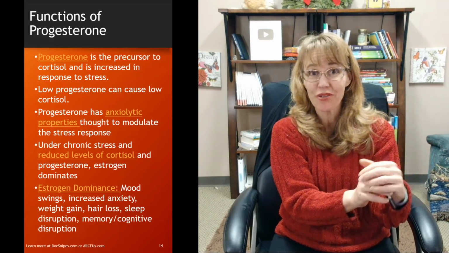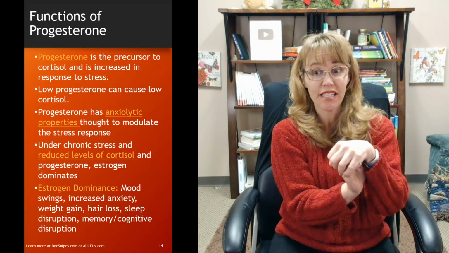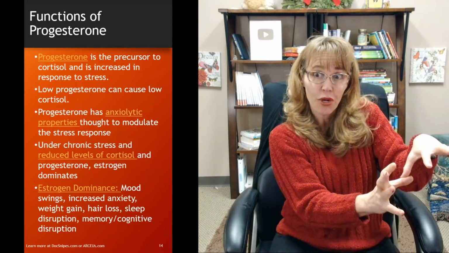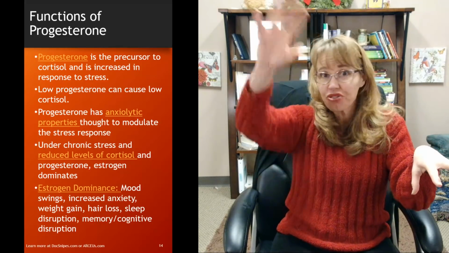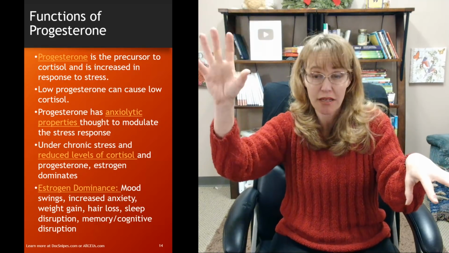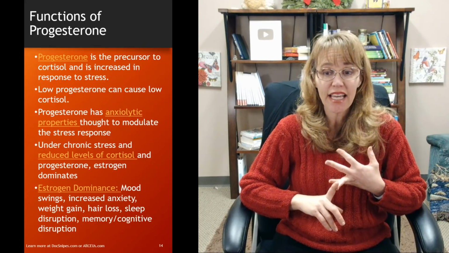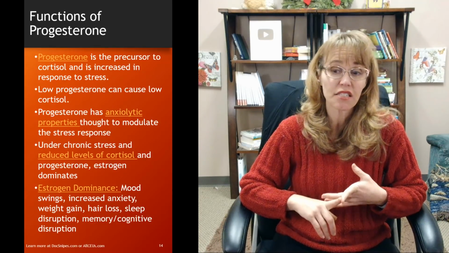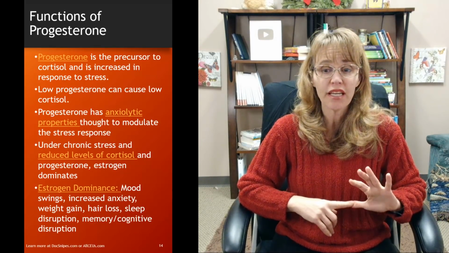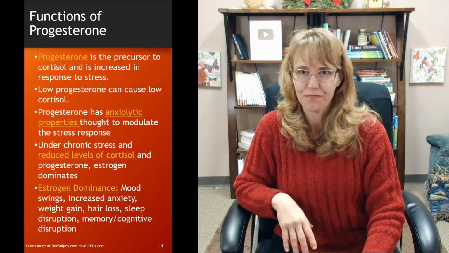Therefore, progesterone is not being recruited nearly as often. So you have lower levels of cortisol and progesterone. So estrogen can run wild, which can lead to mood swings, increased anxiety, weight gain, hair loss, sleep disruption, and memory and cognitive disruption.